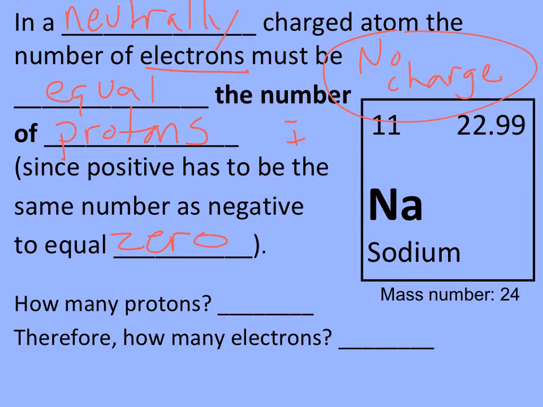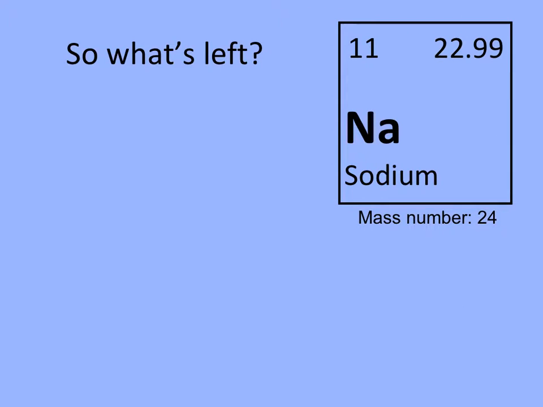So in this problem, it says how many protons do we have? Well, we look at the atomic number to determine the number of protons, and that is right there given to us, 11. So if we have 11 protons, therefore we automatically know that we have 11 electrons as well. So going forward, we can determine the number of protons and electrons by looking at the atomic number.